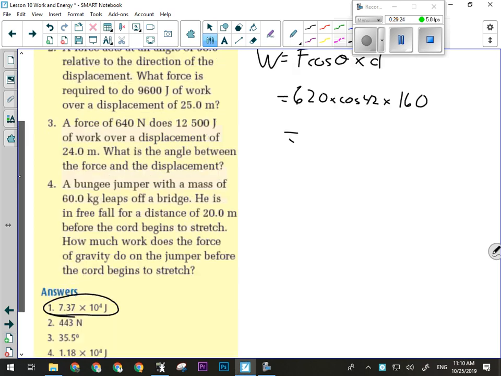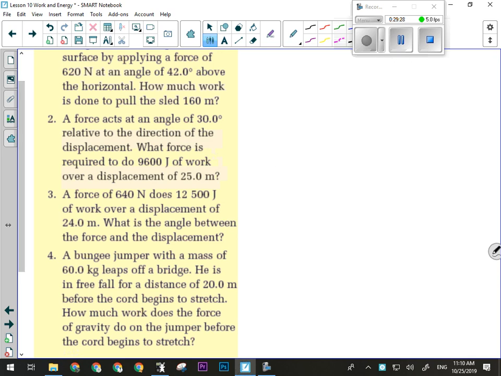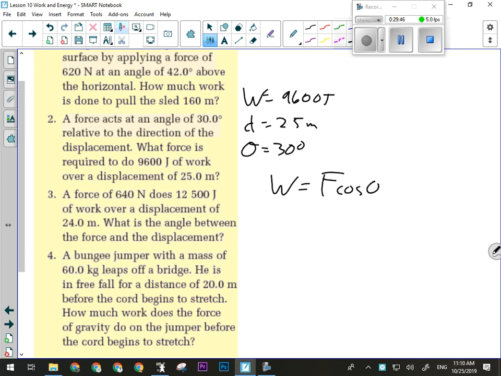Yes. Okay, number 2 is basically the same thing, except this time they want us to manipulate it and find the force instead. So they're telling us 9,600 joules worth of work is actually done. It's over 25 meters, and the angle is 30 degrees. So we have that work equals F cos of theta times D, and we're just looking for the force.